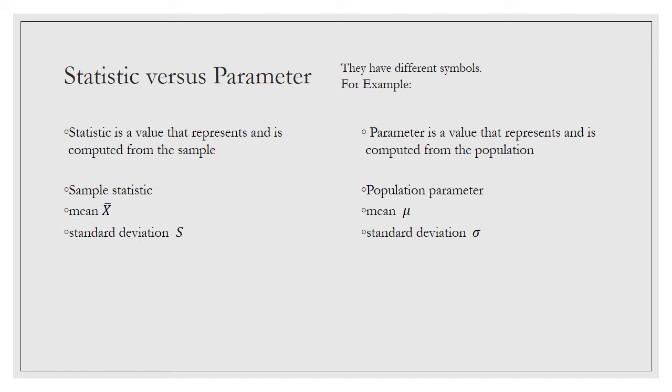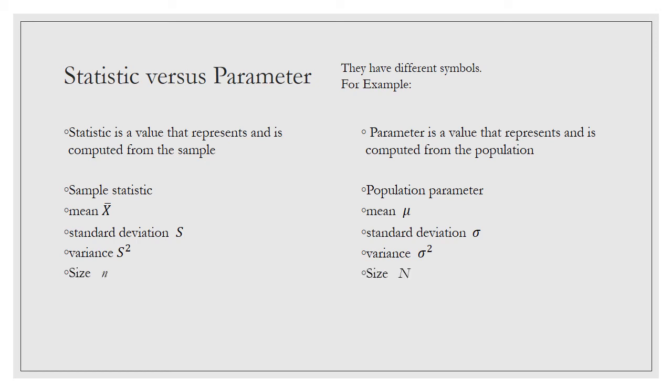And when it is a parameter, the standard deviation is a sigma. For variance, we have S squared, which directly relates to the relationship between the standard deviation and variance. And for our population parameter, when we have a variance, we just have sigma squared.